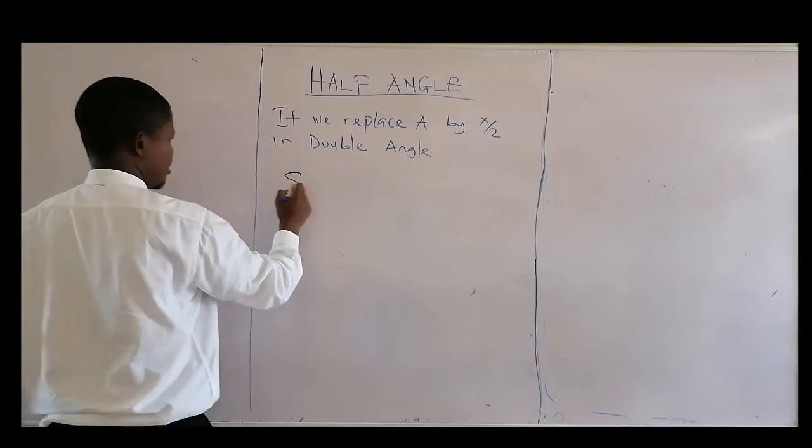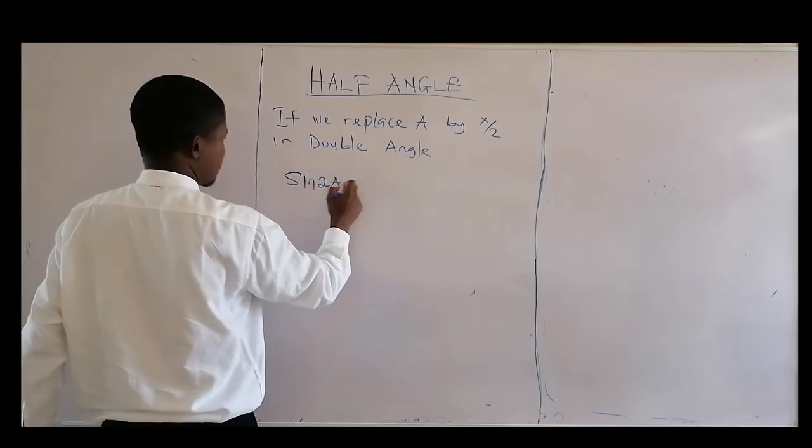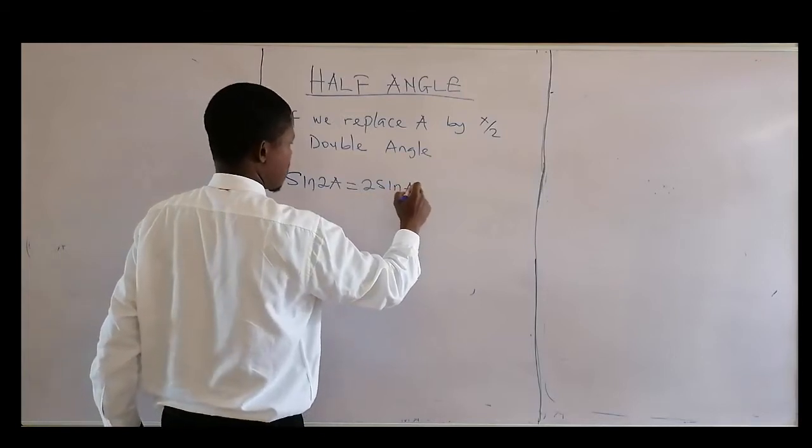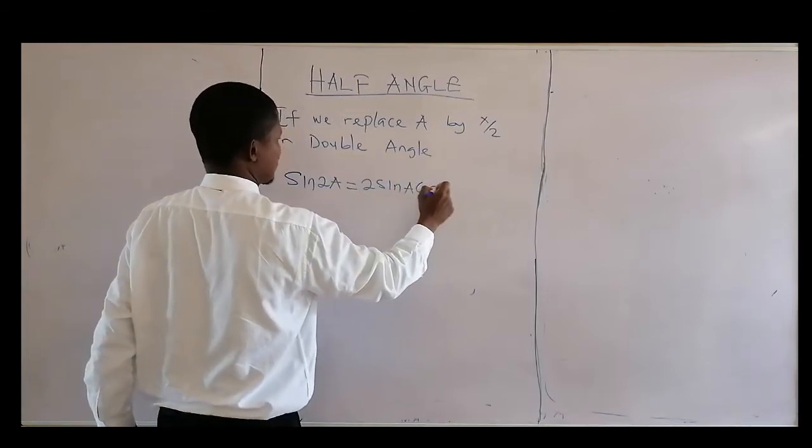Don't forget sine 2a. This is a double angle. Is equal to what? 2 sine a cos a.